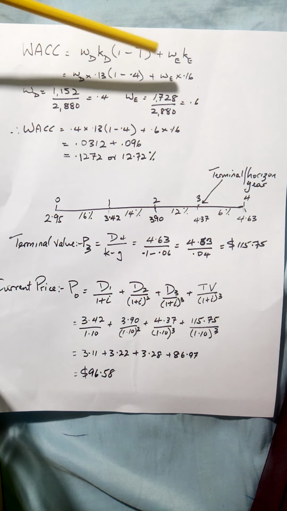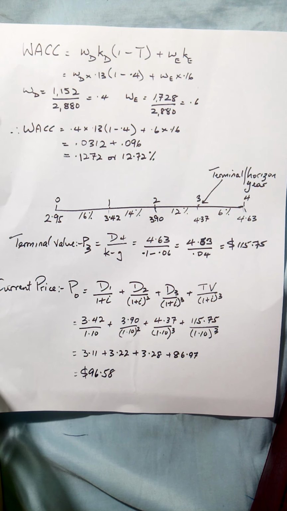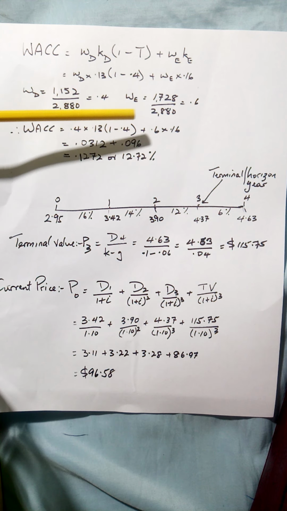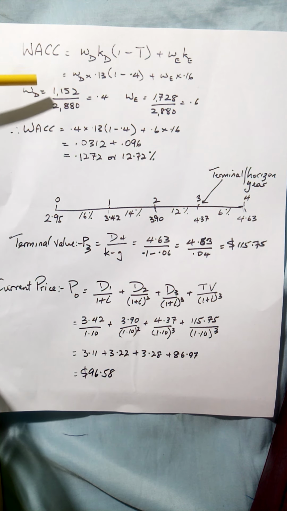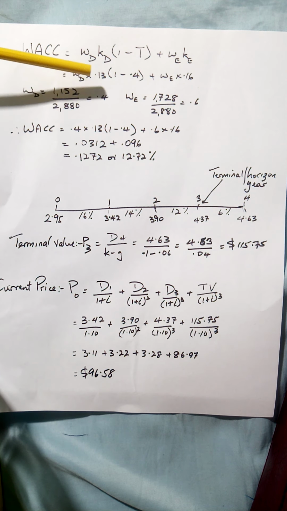But we still don't know the weights. But we can find them because we have the total capital structure of the company, 2,880. We have the amount of debt, and so we simply express the weight of debt as the relative proportion of debt in the capital structure. So we do the simple division and we end up with 0.4, 40%.